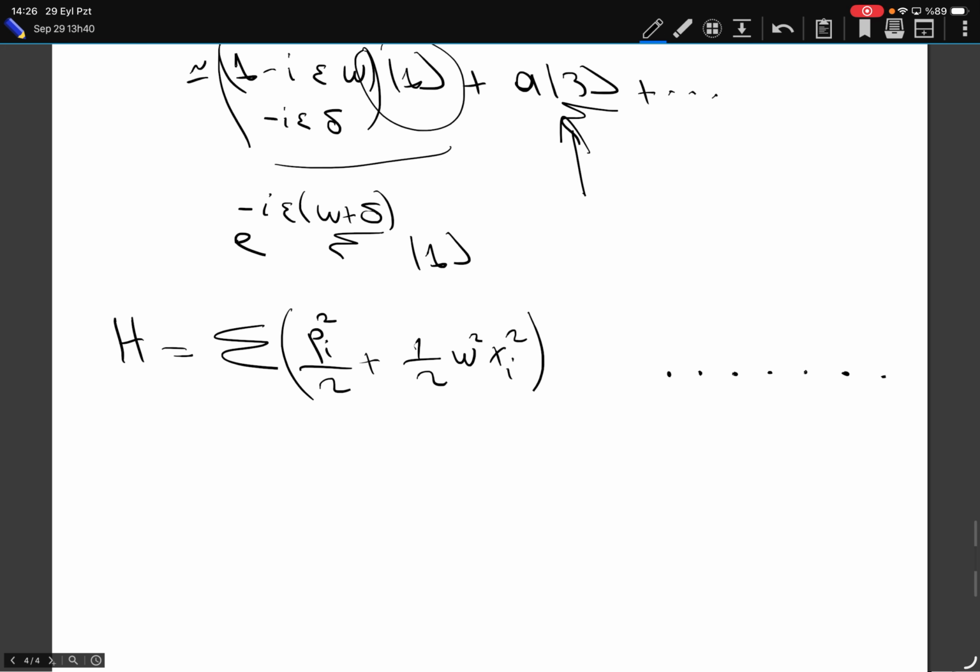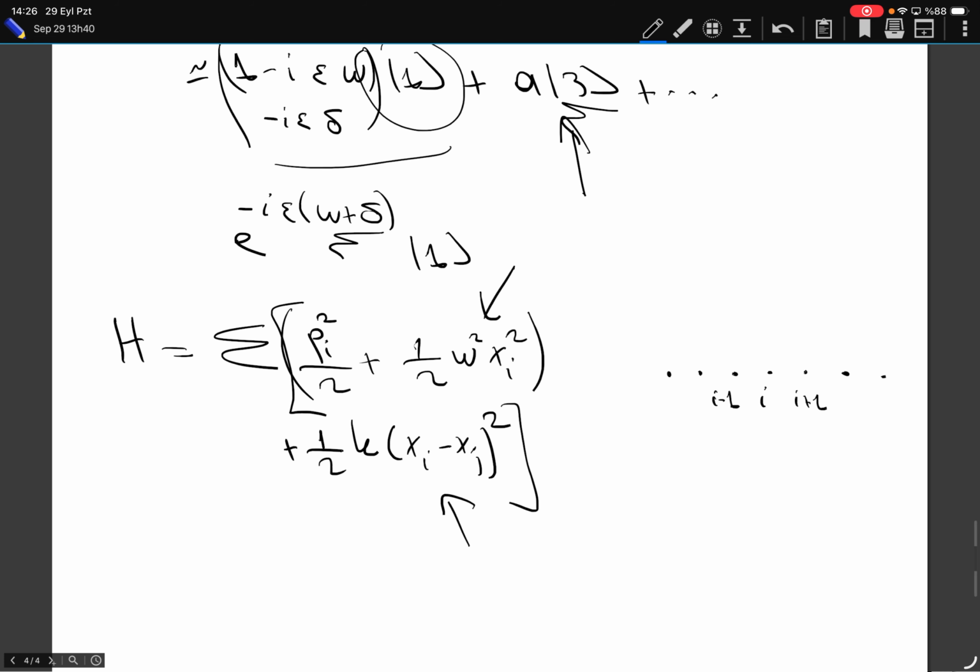So every atom is free to oscillate around its equilibrium position. Well, you would also like to add some interactions between the atoms. Let's say the easiest one would be 1/2 k (x_i minus x_j) squared. Well, typically you have this one, but not that one. But let's see what this will give me. Each one of these will be i plus 1, i minus 1.